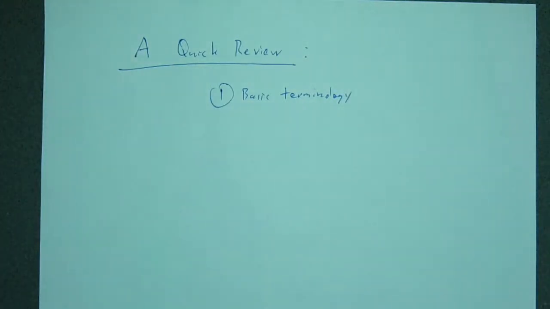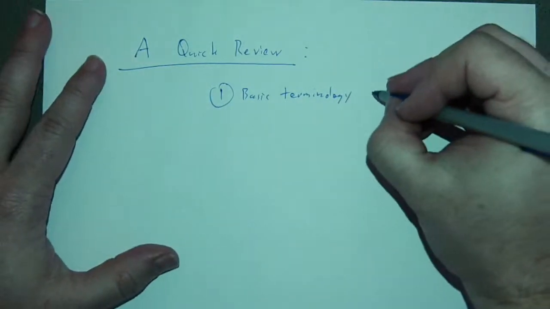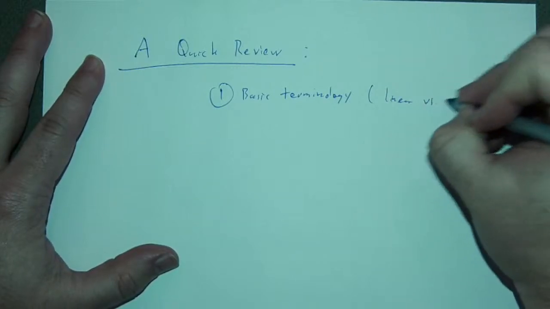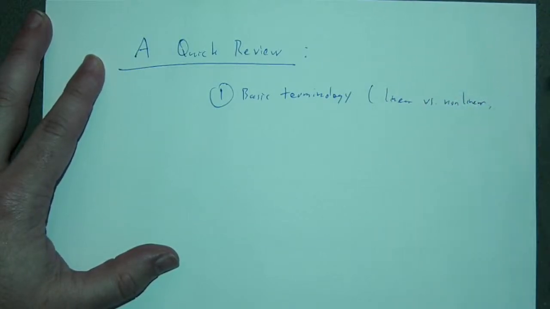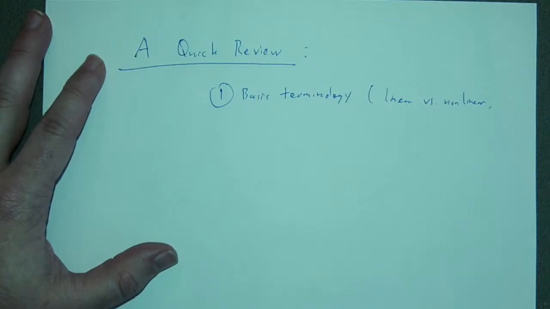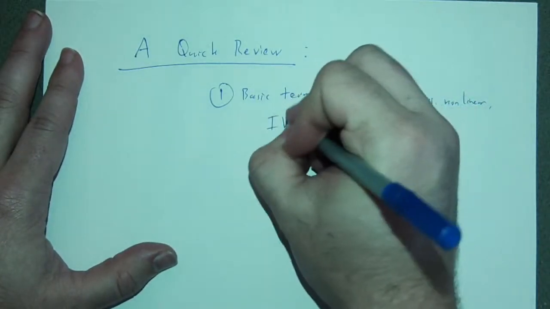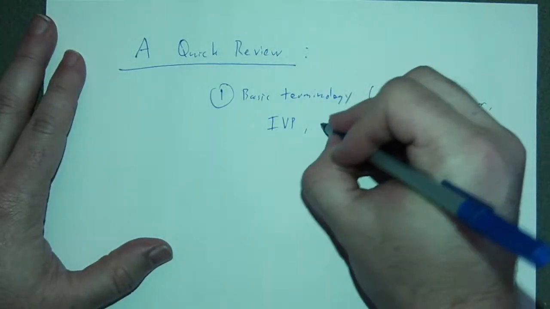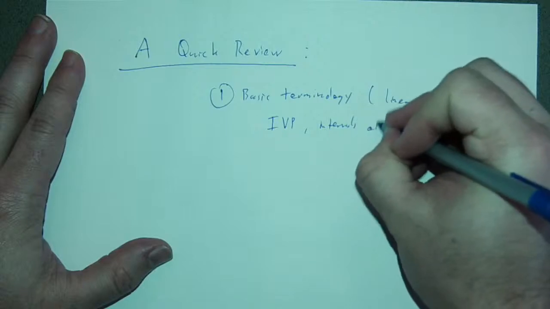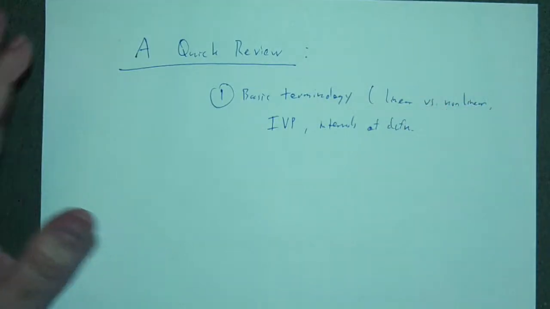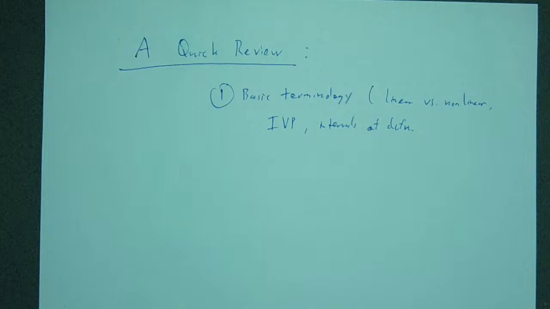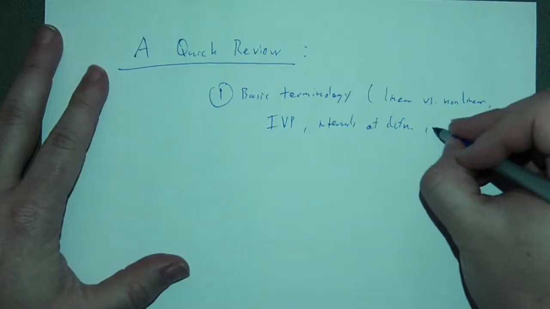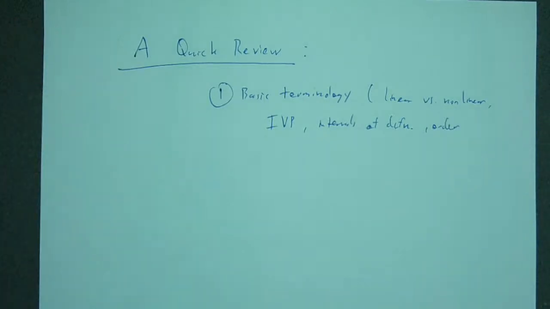Basic terminology involves things like linear versus nonlinear, IVP, what it means to talk about an initial condition, intervals of definition, separable equations, order of an equation, which is something you won't forget because the course is divided up based on the order of equations.